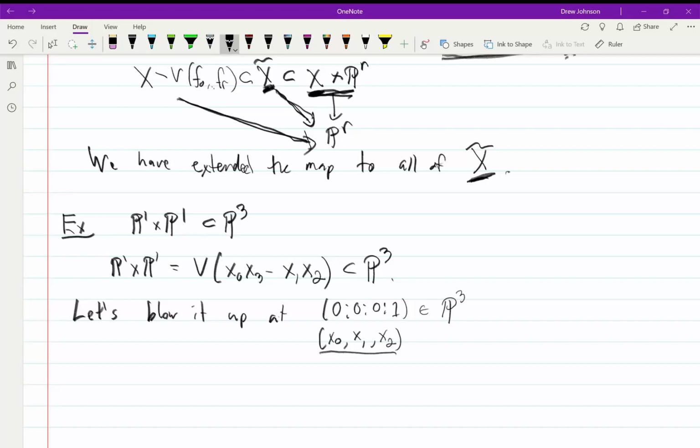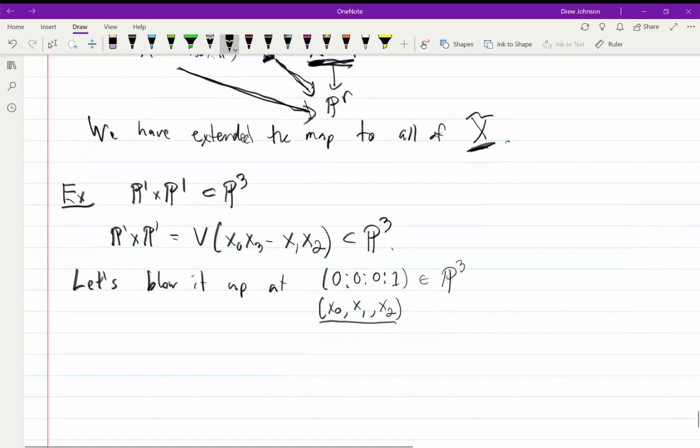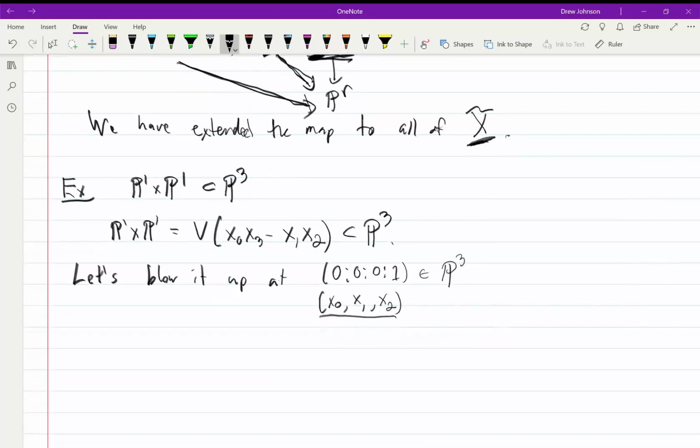Okay, so hopefully that's okay. Now what we want to do is compare this to this blow up here, and we're going to say that it turns out it's isomorphic to P2 blown up at 2 points.